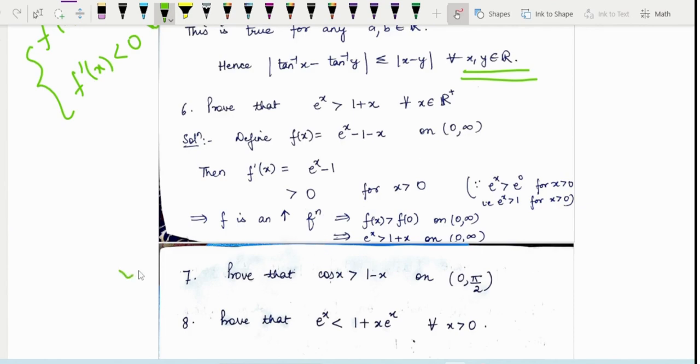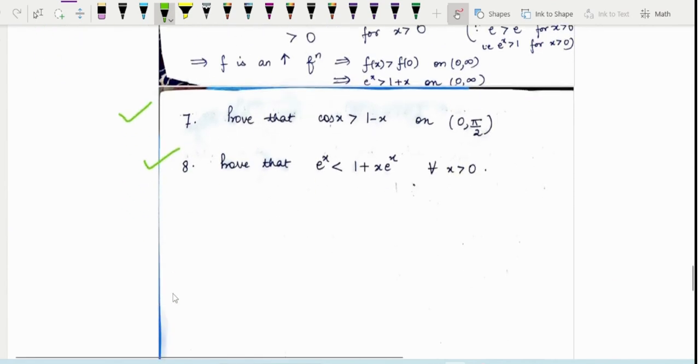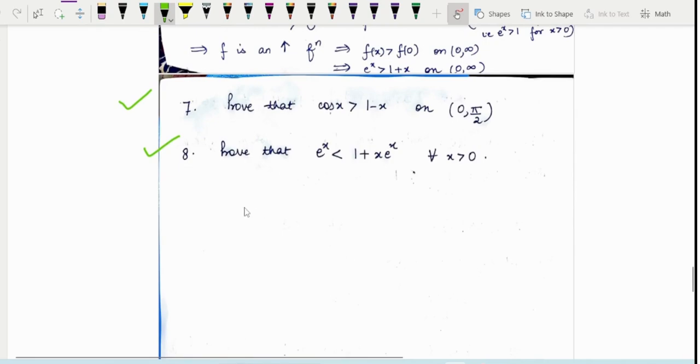On the same lines, these two practice problems have been put for your practice. You can practice more problems of this nature. You can create your own problems also through some fundamental knowledge of inequalities that you already have. The only thing that you have to keep in mind for proving such inequalities is that you define f(x) to be everything when you take things on one side of the inequality, so that it gets easier for you to handle it and find out its derivative.